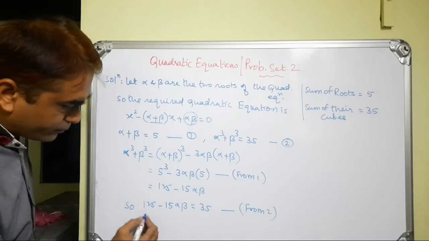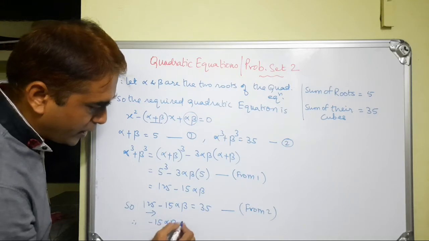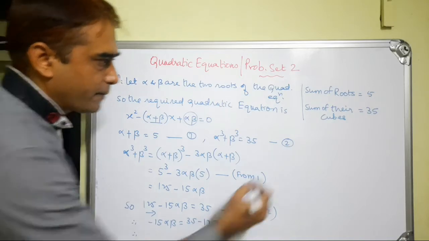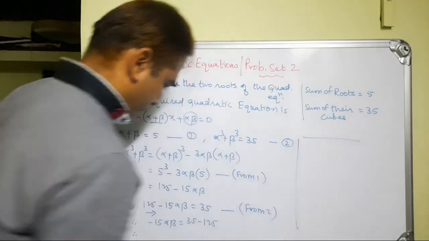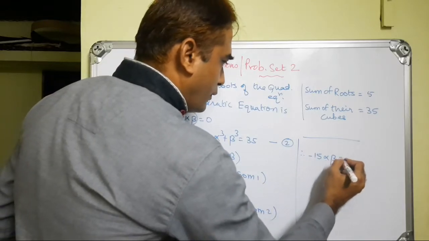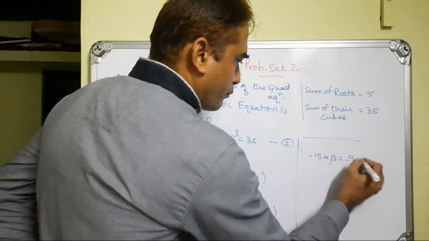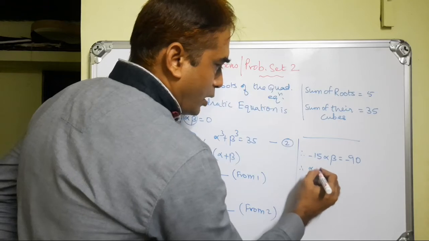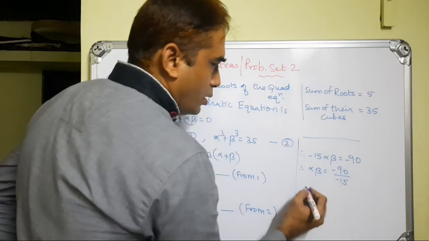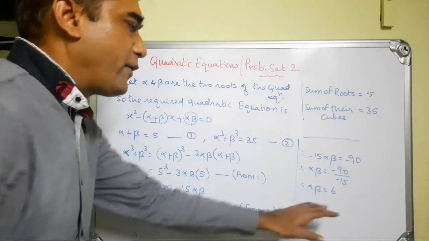And therefore we write minus 15 alpha beta equals 35 minus 125, so negative 15 alpha beta equals negative 90. Therefore alpha beta equals negative 90 upon negative 15, and alpha beta equals 6. So here we have got this product.